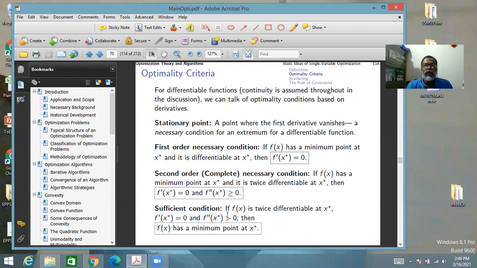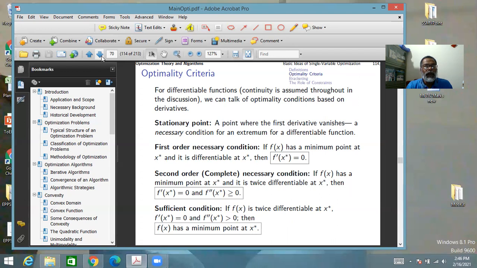Now there is a little gap between the necessary condition and the sufficient condition. If the second order derivative happens to be 0, then you are not sure.